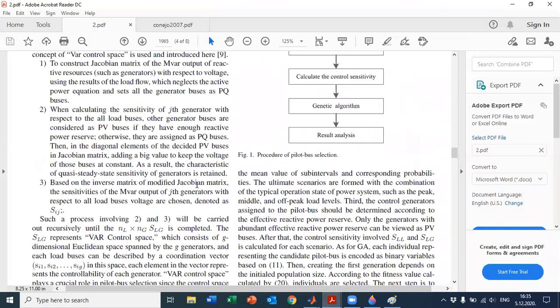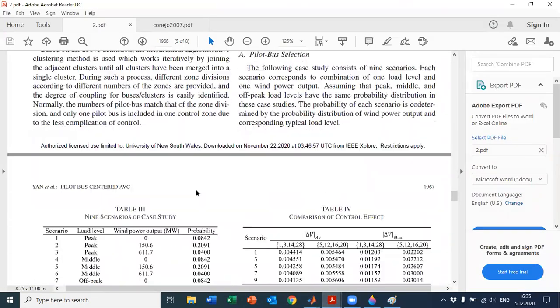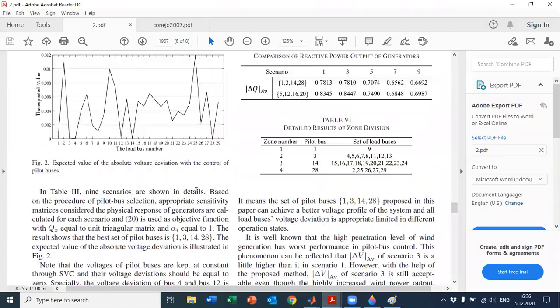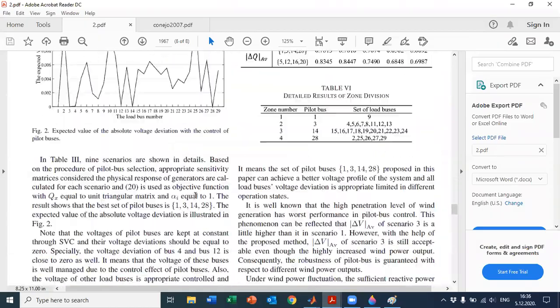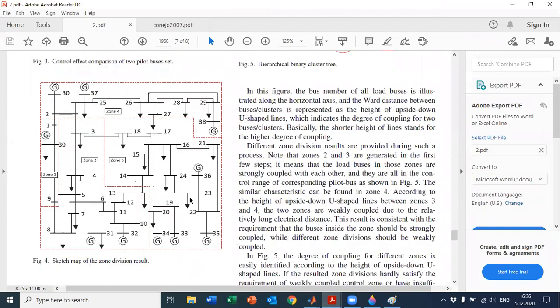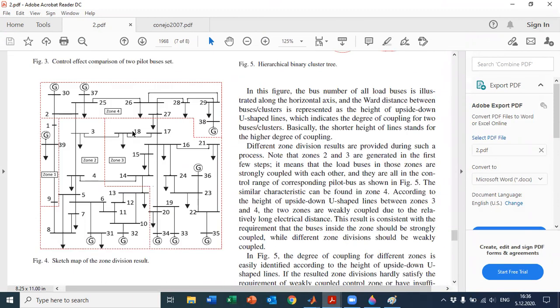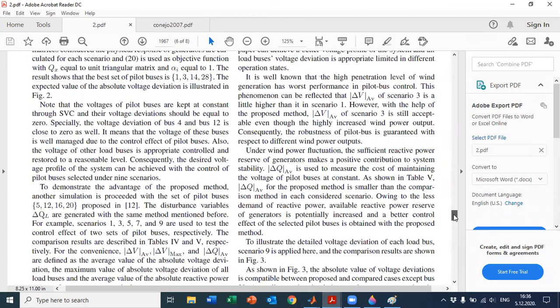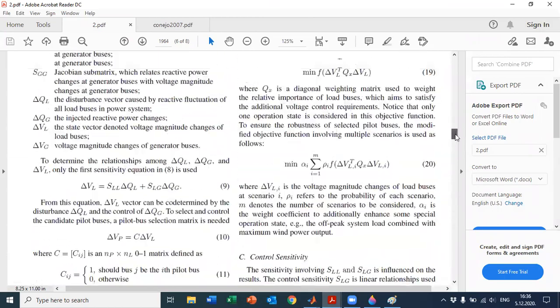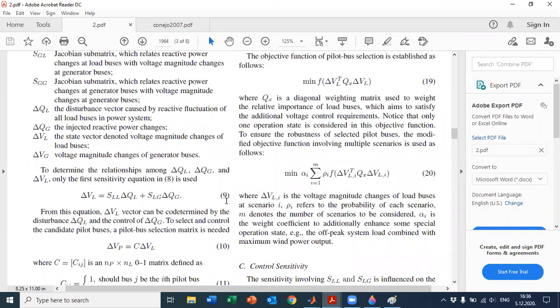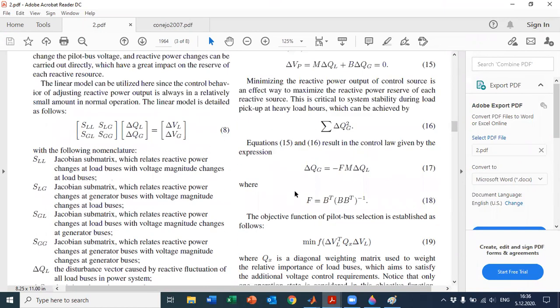One more thing to mention is that in our case, because we are using an unbalanced system, not a balanced system like this one, we need to determine the sensitivity matrices, because this technique is developed for balanced systems.